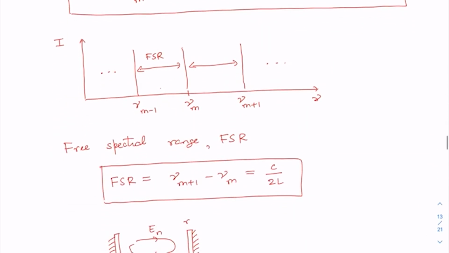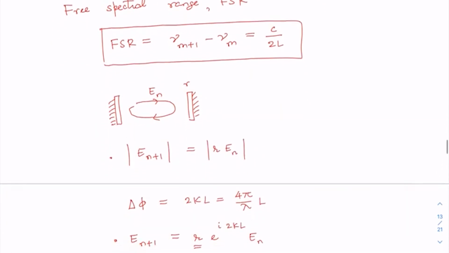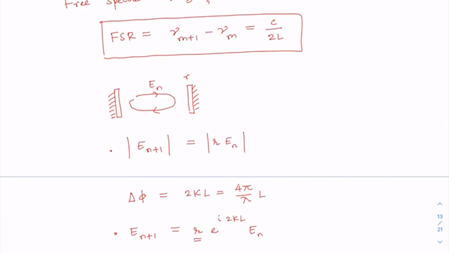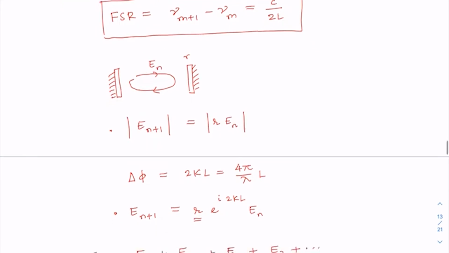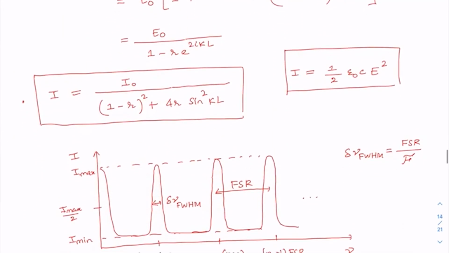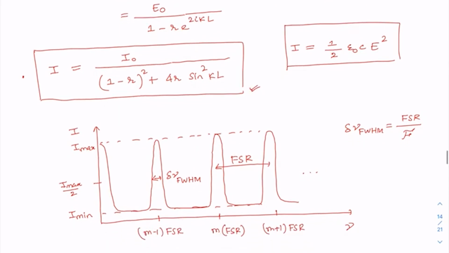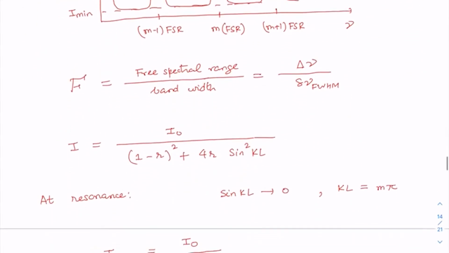This is a very important quantity, and it is given by c by 2L. Then we worked out the intensity inside the cavity and found this expression. From here we can also find that these resonance peaks have some width, known as the full width at half maximum, or also called the bandwidth.